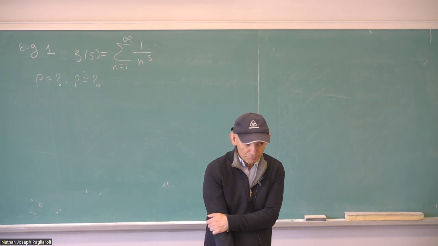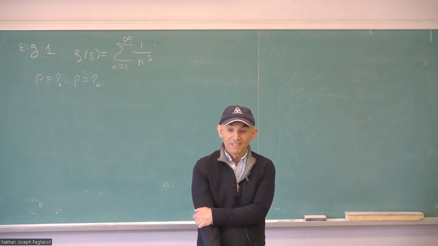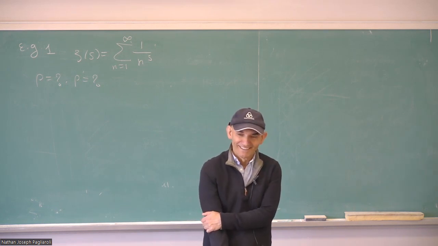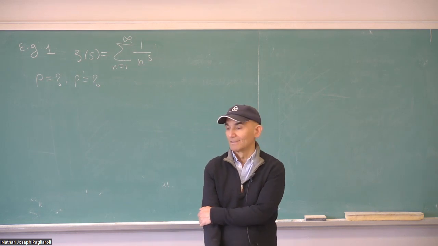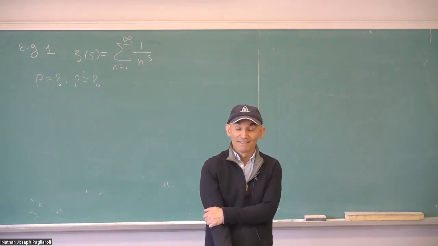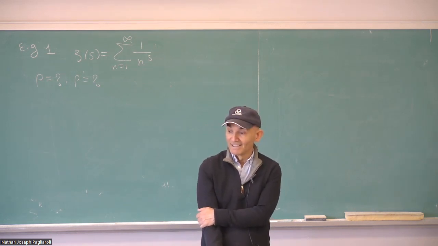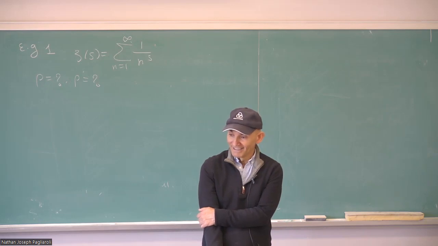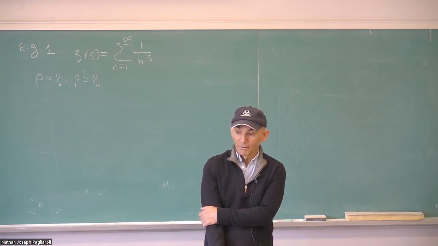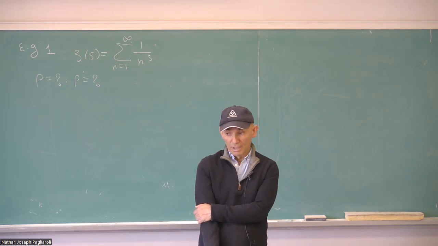The other one is 2. Oh, it's 0. Rho is 0, rho prime is 1.